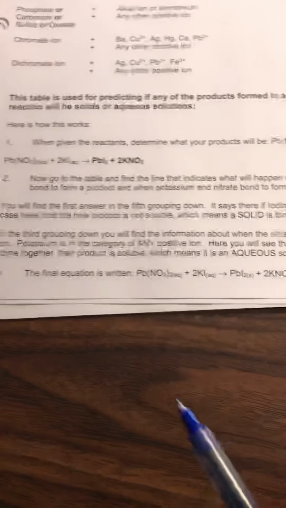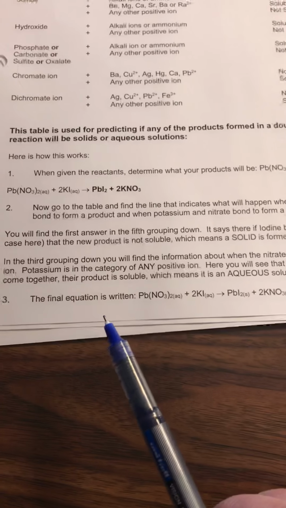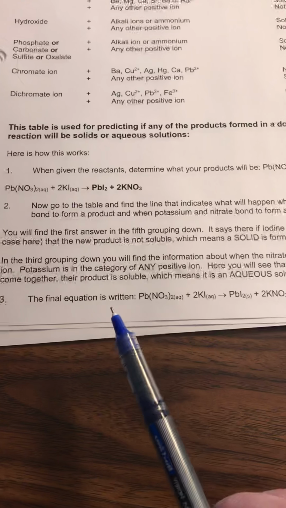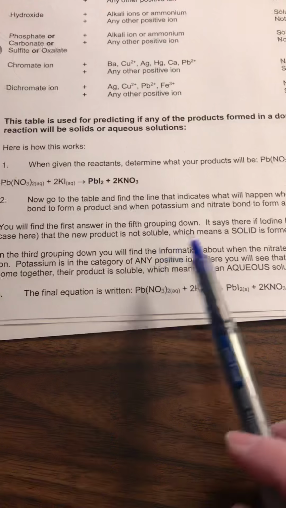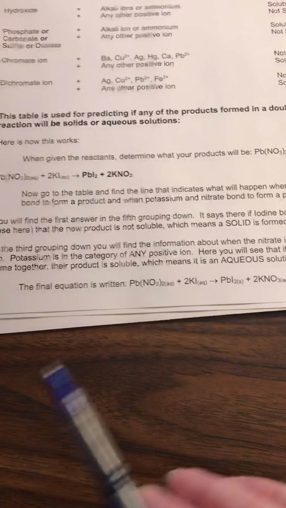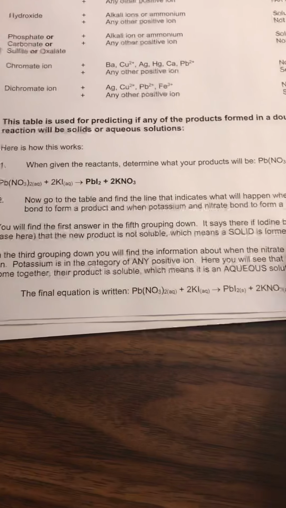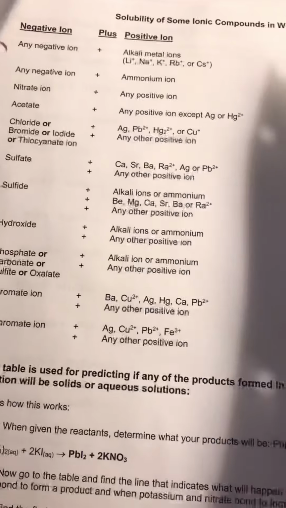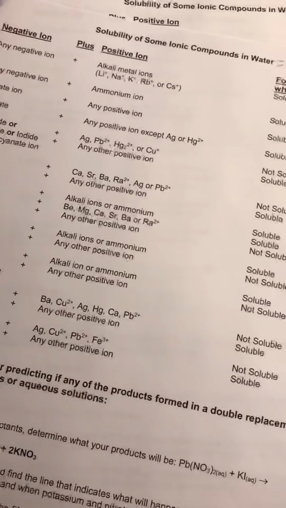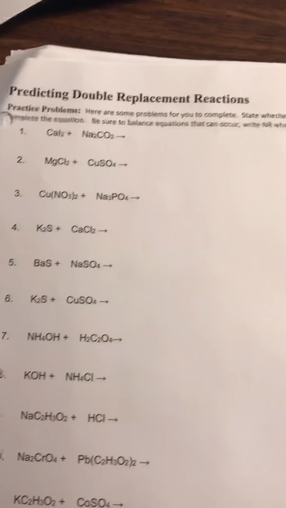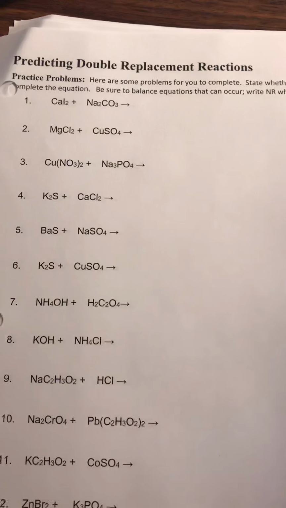Okay? The bottom of the paper, I have for you a sample of what one would do in predicting products. All right, so this is all written out for you. There's all directions with this. You can read it on your own. What I'm going to do is I'm going to be using this top half and practice what the bottom half talks about, but with this piece of paper here where it says predicting double replacement reactions.